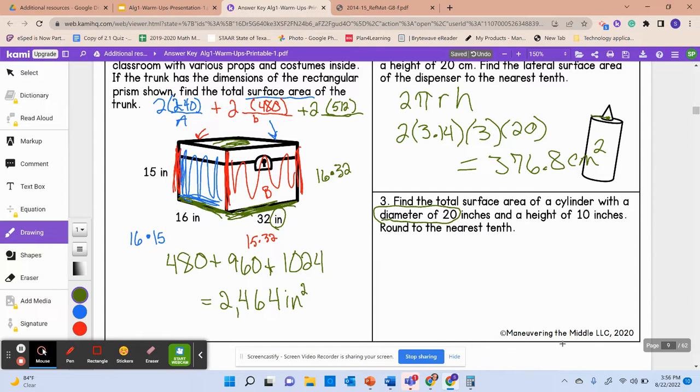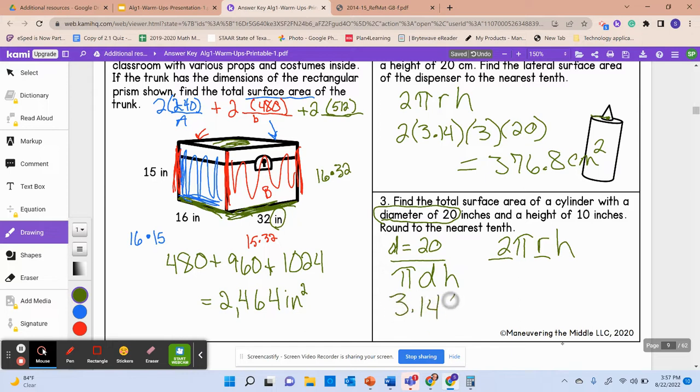So if the diameter is equal to 20, actually, if you have your formula 2 pi r h, because 2 radiuses is equal to 1 diameter, you could do pi times diameter times the height to also get it, which is the faster way.